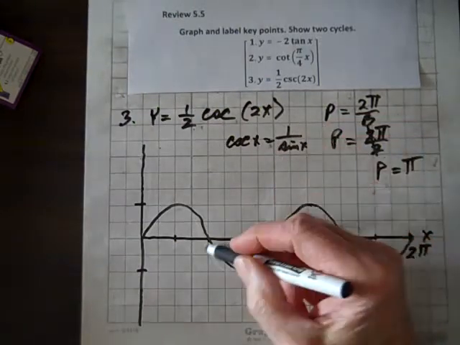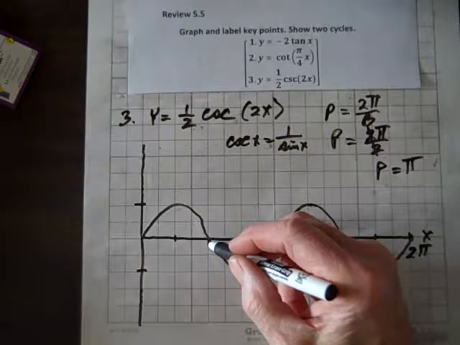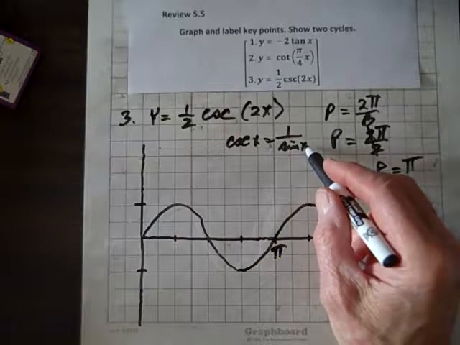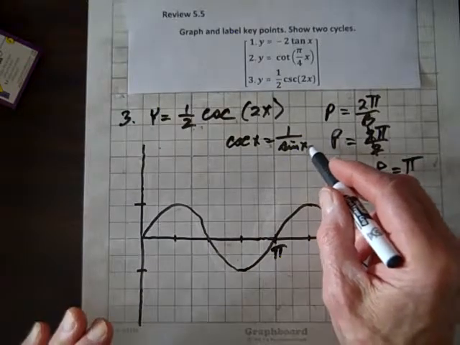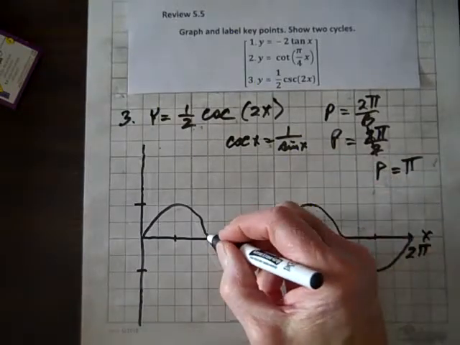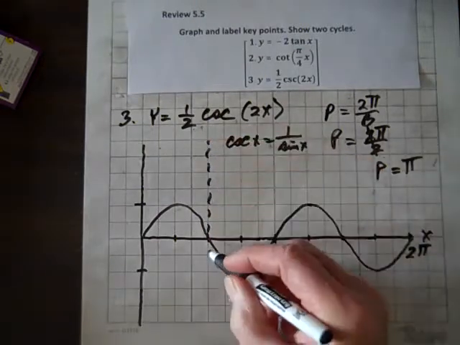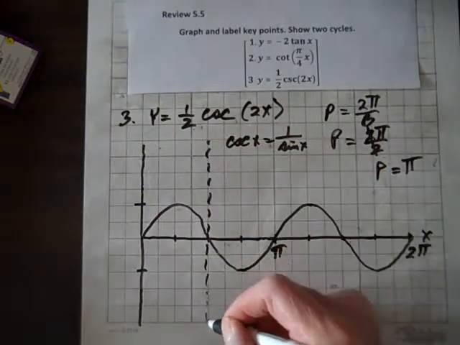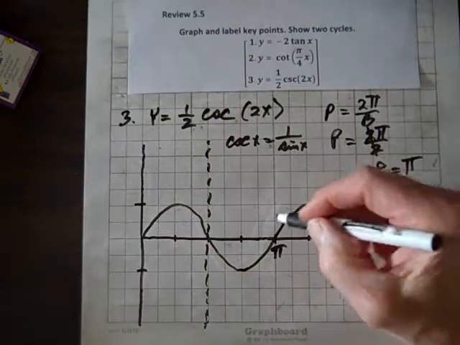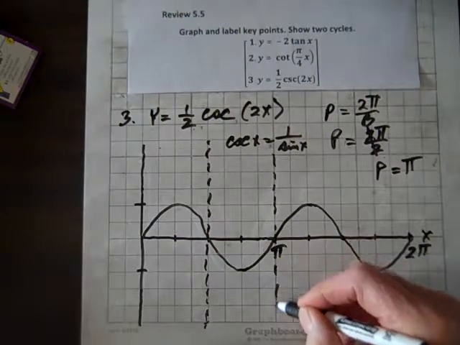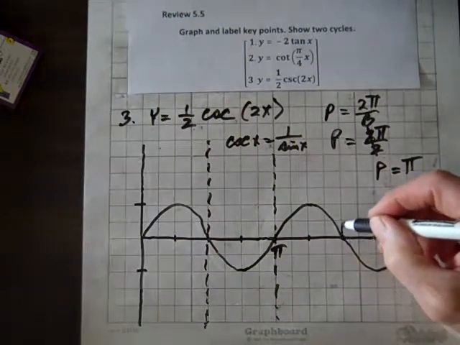They're reciprocals, so for whatever value of x where sine is 0, we're going to have a vertical asymptote there, because otherwise we'd have division by 0, and that's undefined. So we're going to have a vertical asymptote at each of these x-intercepts.